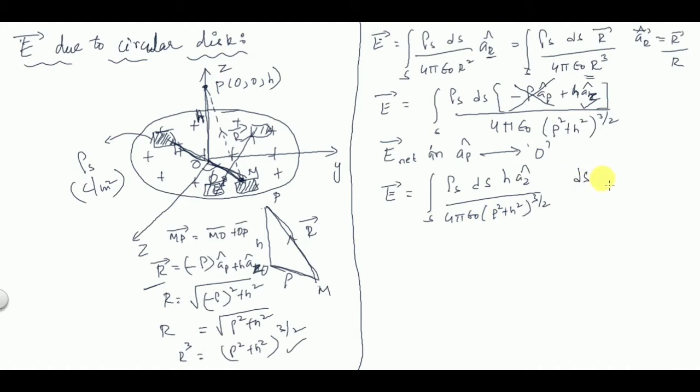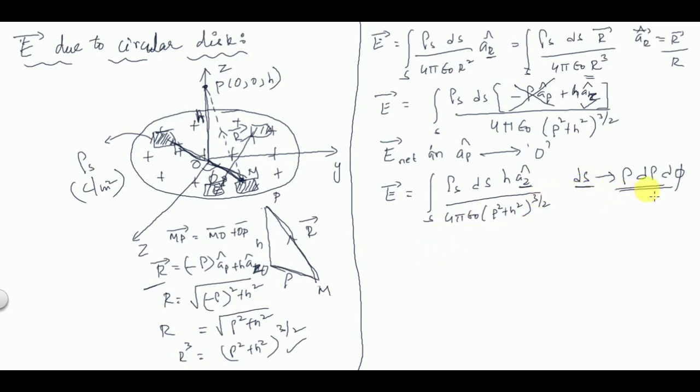So what is ds then? In the direction of AZ, ds is equal to rho d rho d phi. I have explained you this in my first classes, the basic classes, how to take the value of ds, the differential surface.